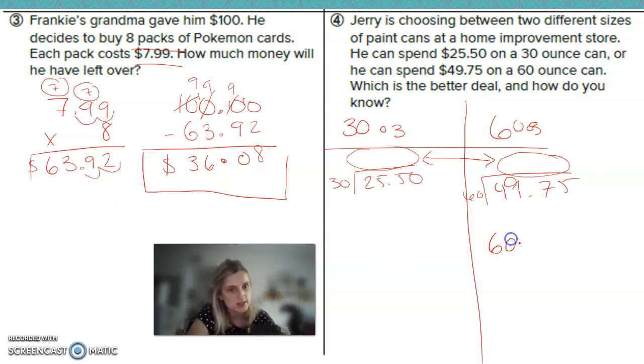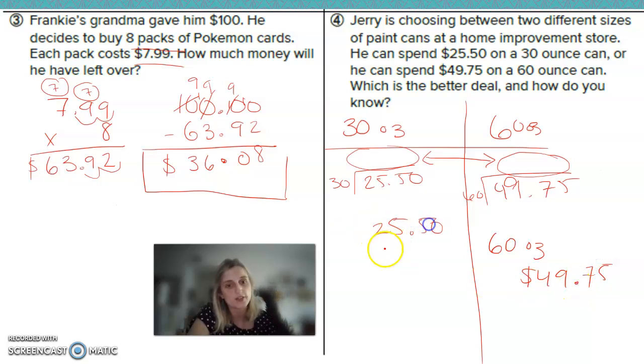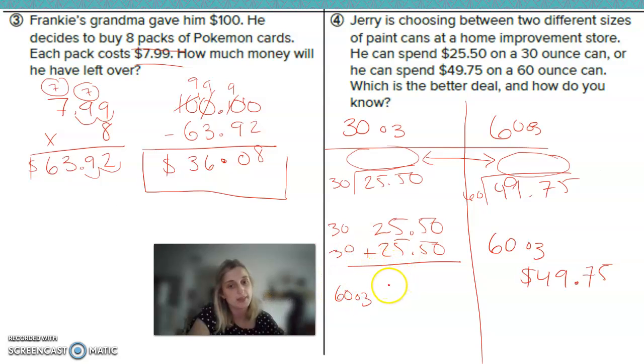From the 60-ounce can for $49.75, or to get 2 30-ounce cans for $25.50 plus $25.50. Because if this is 30 ounces and this is 30 ounces, that'll give you 60 ounces, but that would be $51. And I don't want to spend more money than I have to.